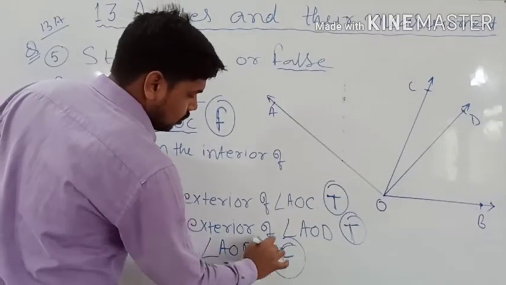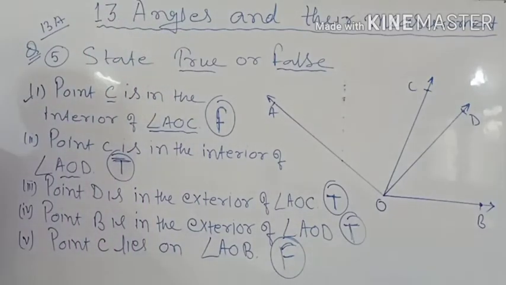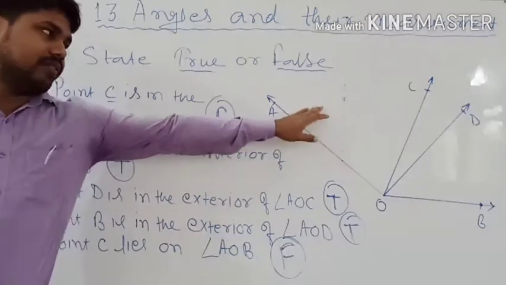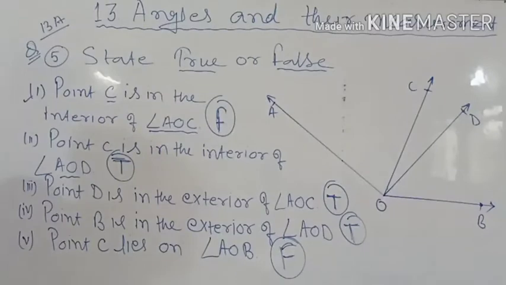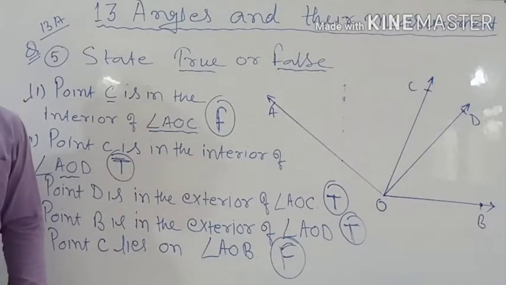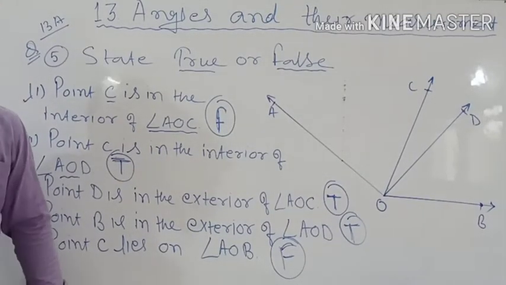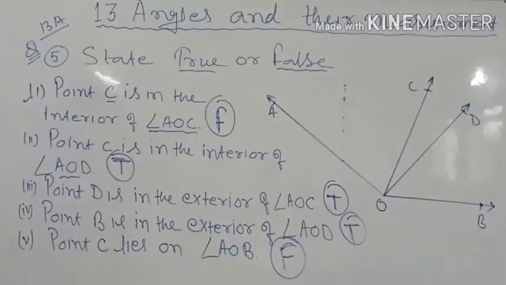This is how you can answer questions about interior, exterior, or on the angle itself, according to where the point lies. Sometimes points may be given and you have to tell which are exterior, interior, or on the line itself, and sometimes statements like this will be there.